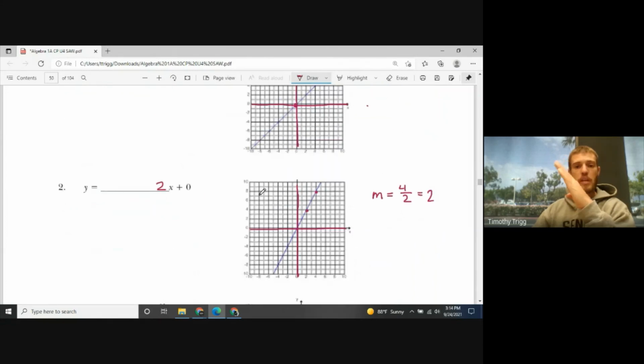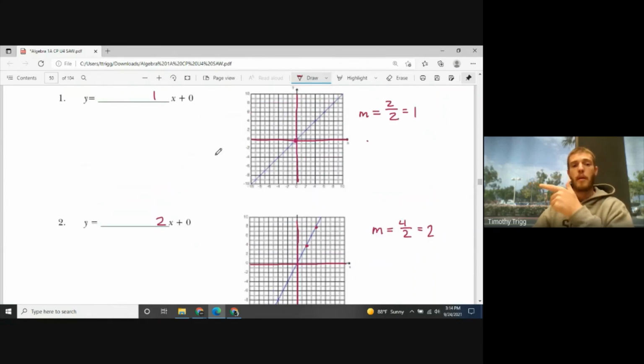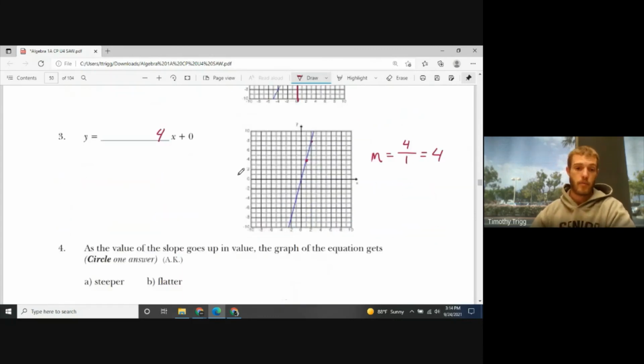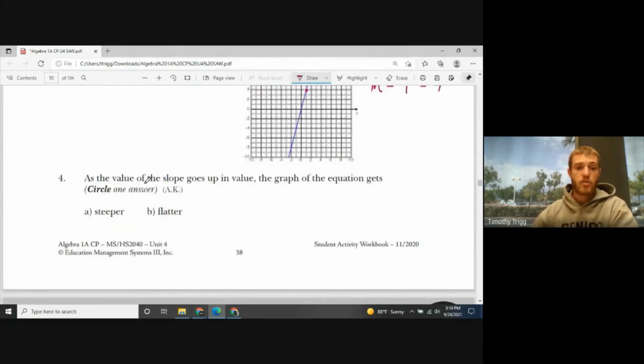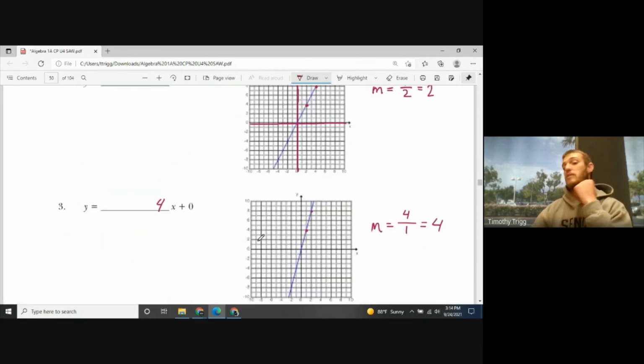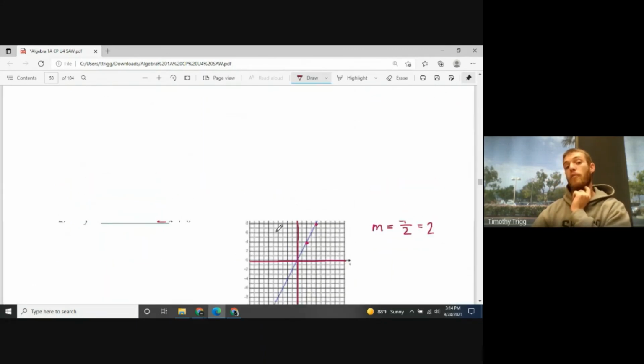So as we increase the slope, that increases the steepness of our line. As the slope goes up in value, the graph of the equation gets steeper. Hopefully you can see that there.